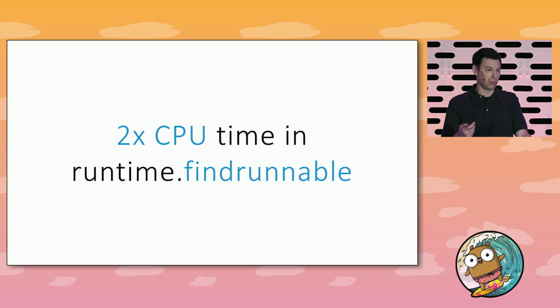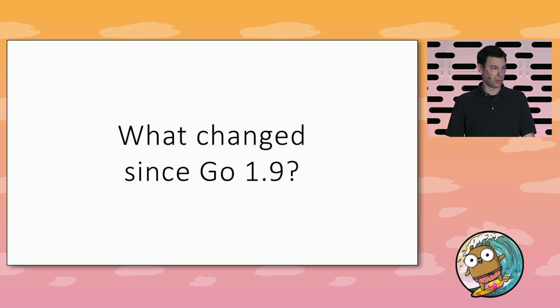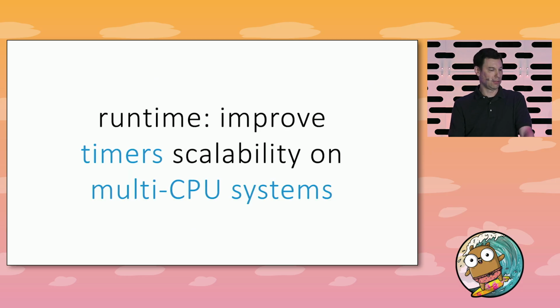So of course, Go is open source, which is fantastic. We can dig into it, we can see how it's working, and we can also look at how it's changed over time. So we started looking at what had changed since Go 1.9. We knew it was in the runtime package, so in particular, we focused on commits to the runtime package between 1.9 and 1.11. And we found this one that seemed to be the only one that might have some scope with what we're doing.